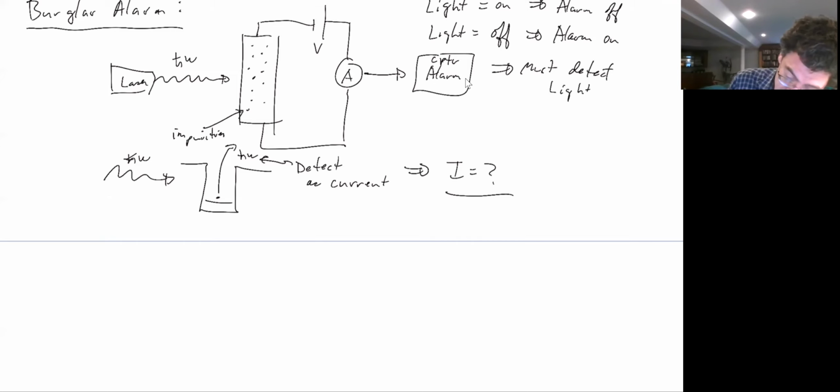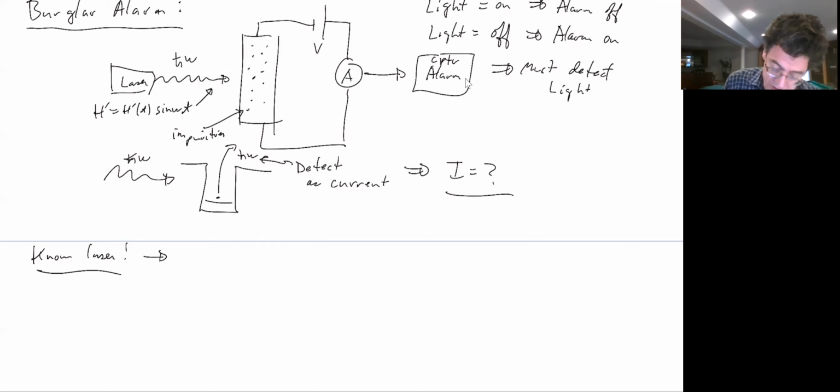The point then is that you know the laser. Let's assume that the laser is going to create some Hamiltonian. You know the frequency of your laser, and you know the strength of your laser, because if H of t is equal to H prime of t sine omega t, then you know what H prime is.